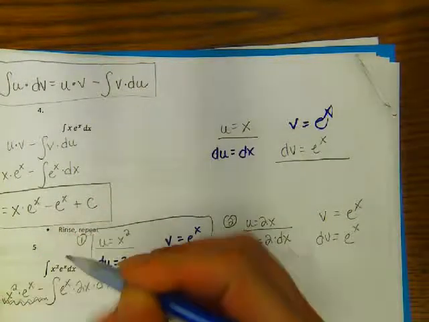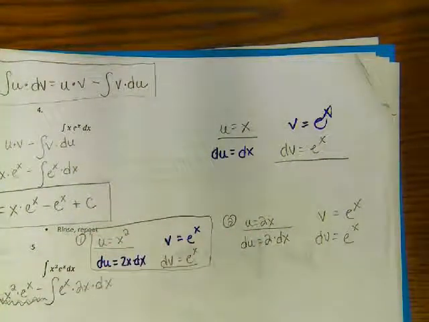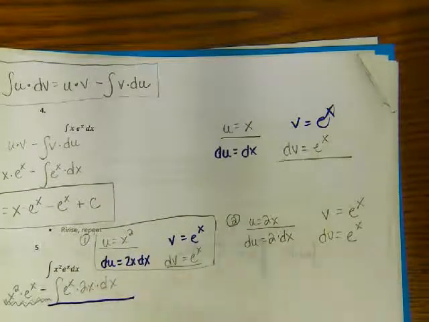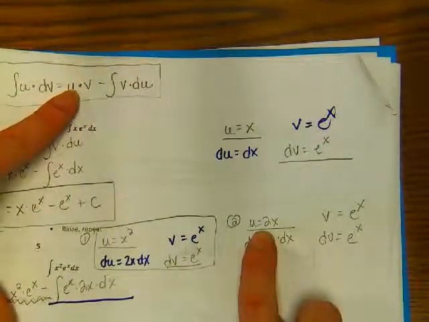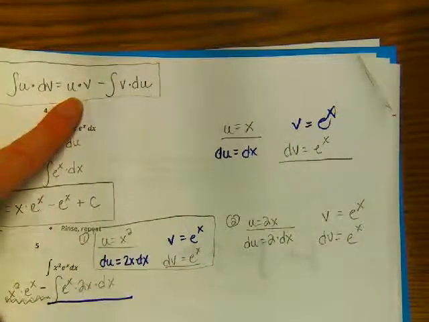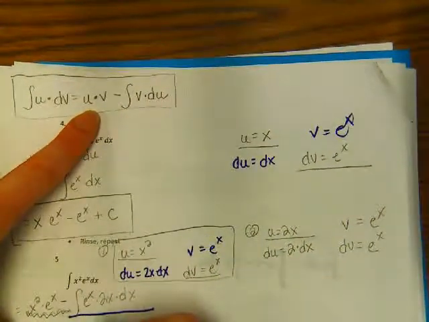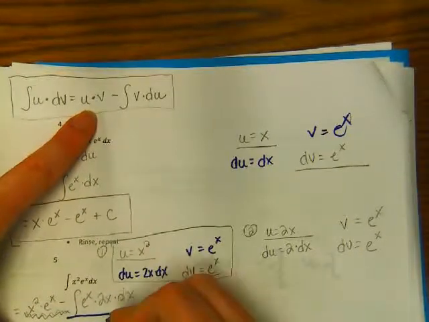To do this part right here, I'll do it in blue, I do the integration by parts formula again. So, u times v, using this one. So, what am I going to write? 2x. Just so you're clear, this is what I'm doing right now.